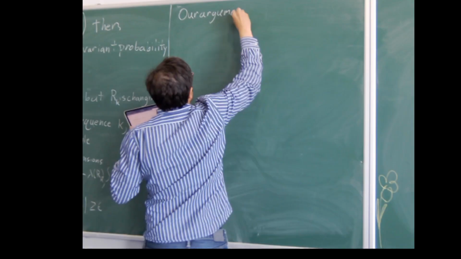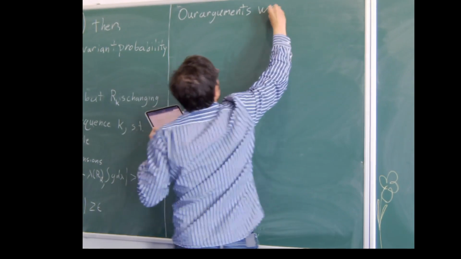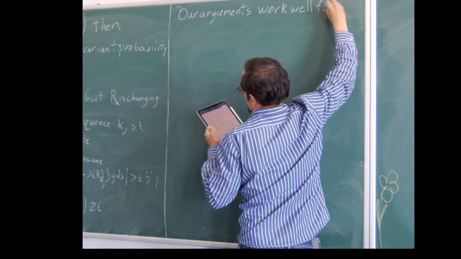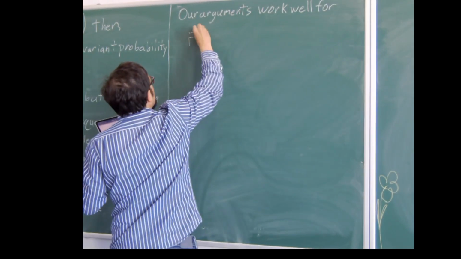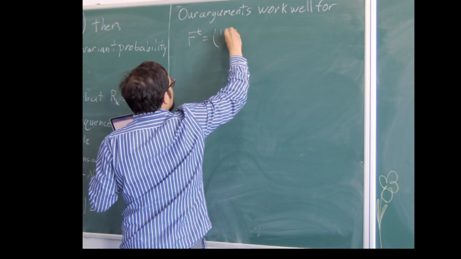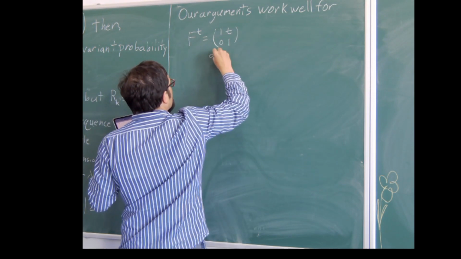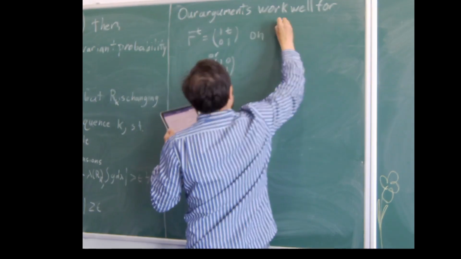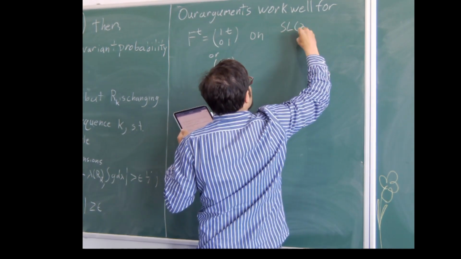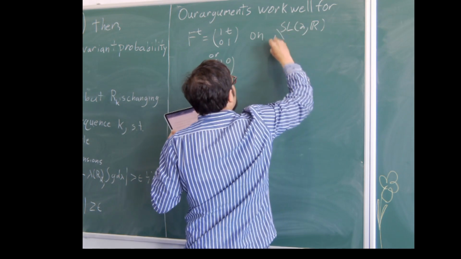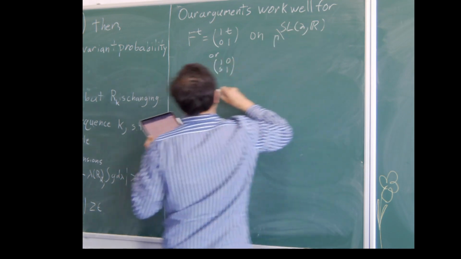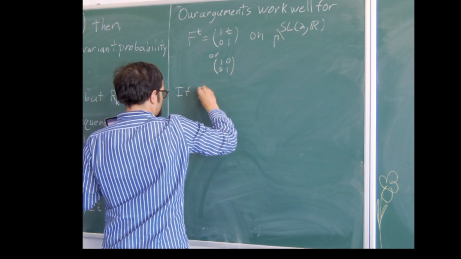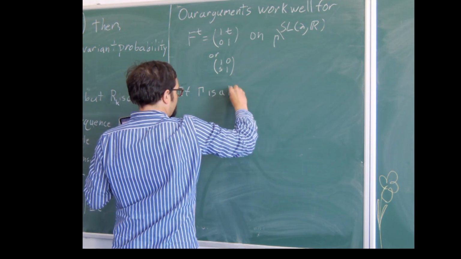Our arguments work well for f to the t, which could be given by 1 t 0 1 or 1 0 s 1 on SL2R quotiented on the left by gamma, if gamma is a lattice.